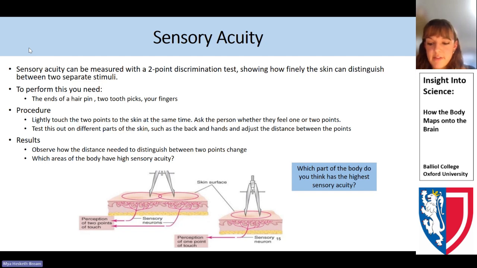So I've got 80% fingers so far and 20% face. Wait a few more moments. So we've got 75% fingers, 25% face.